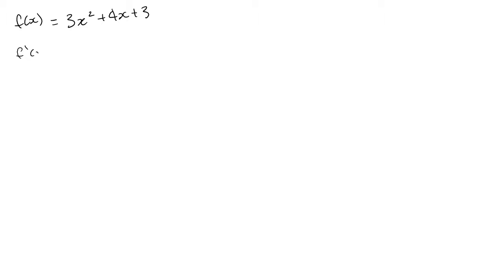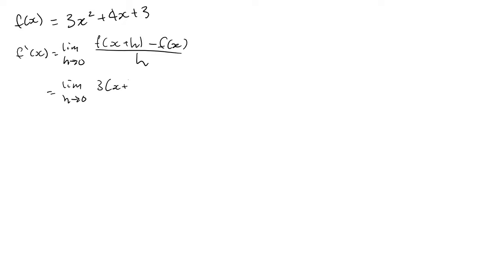The derivative of x equals the limit as h approaches 0 of f(x plus h) minus f(x) over h. Okay, let's substitute the values in. f of x plus h is 3 times (x plus h) squared plus 4 times (x plus h) plus 3, minus (3x squared plus 4x plus 3) in brackets, over h.